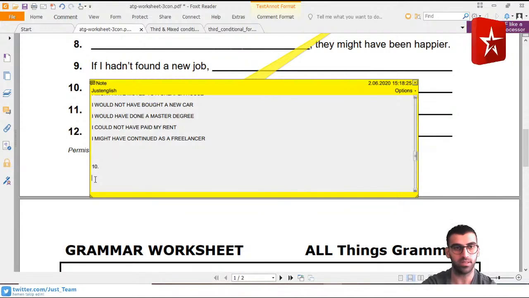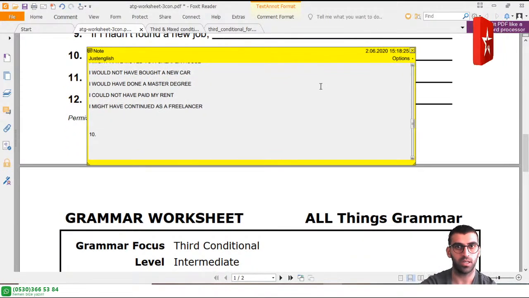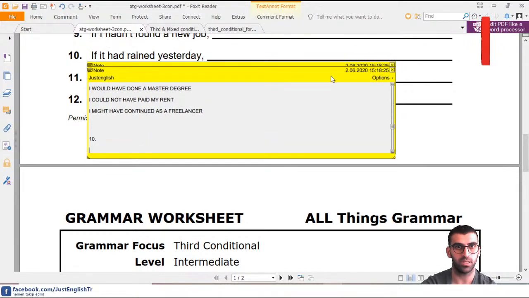Yeah, that's correct. And number 10, the last three sentences we have to finish. Let's continue with number 10 to finish this idea.